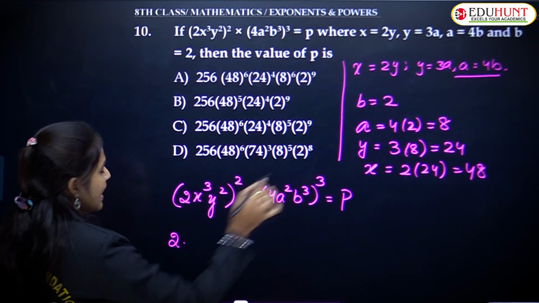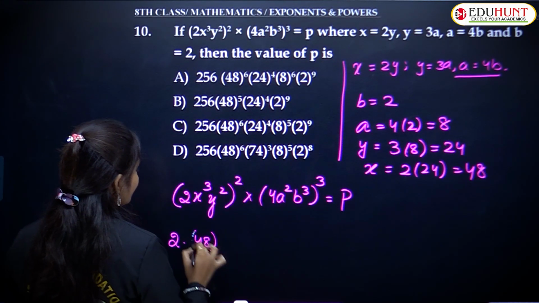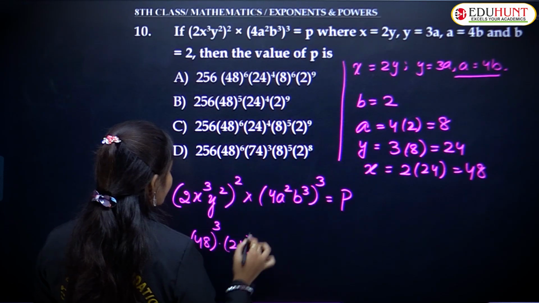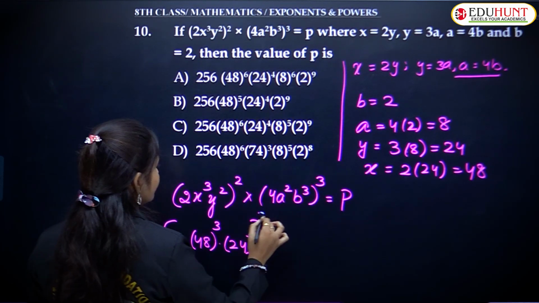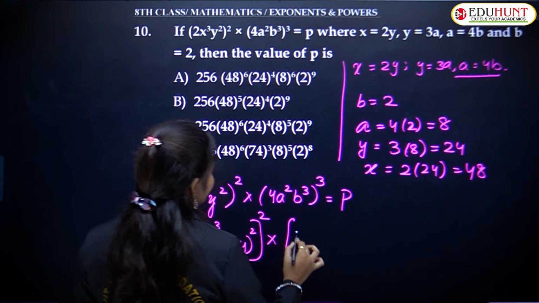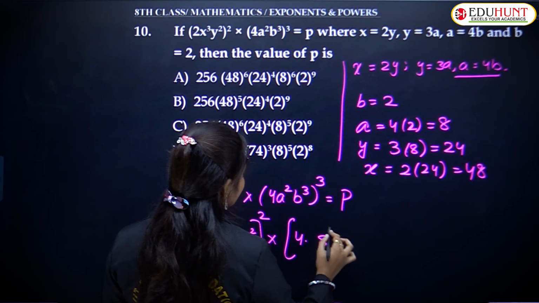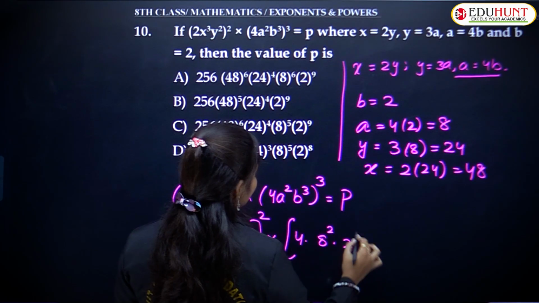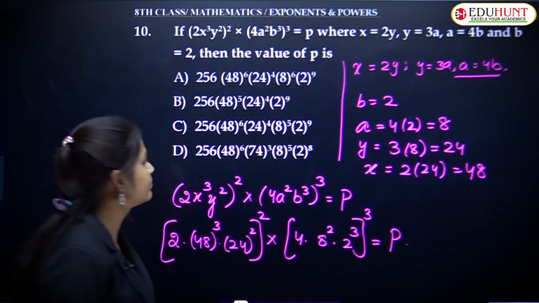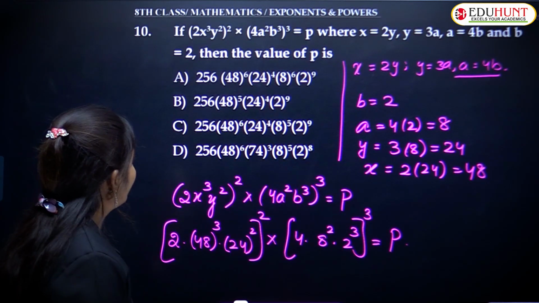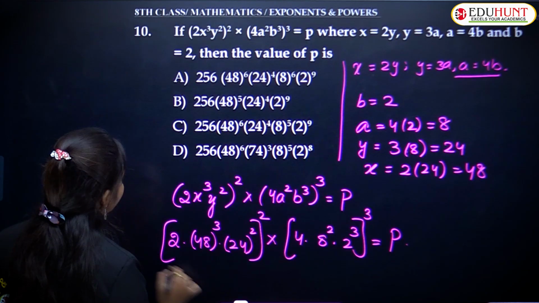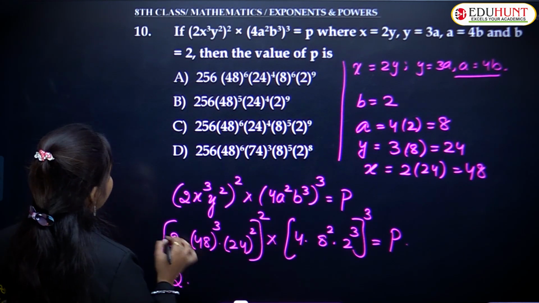2 into x is equal to 48 whole cube, and y is equal to 24 whole square, whole power 2, into 4 into a is equal to 8 square into b is equal to 2 cube whole power 3, which is equal to p. Now, 2 square is there, no?